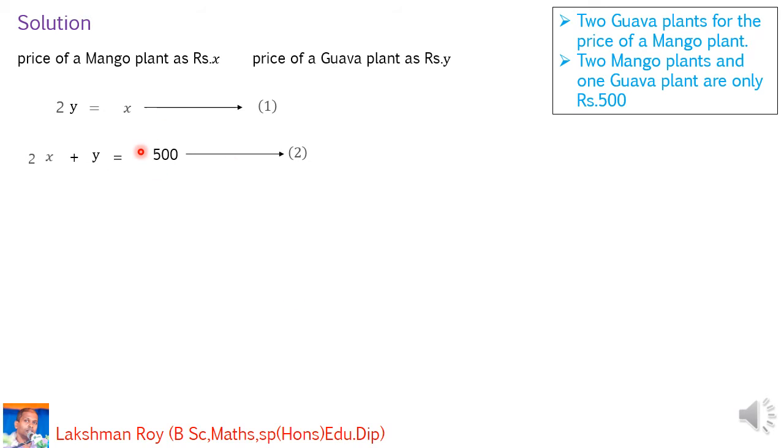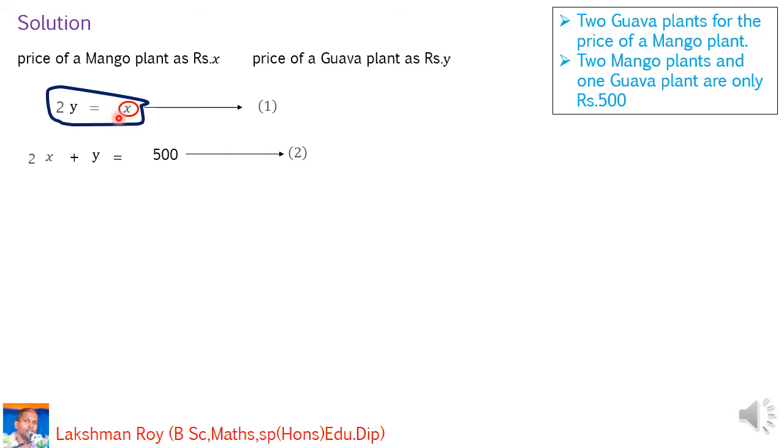Now Roman number 2 says you have to solve, right? So we got a pair of simultaneous equations. Let's see. In this type of equation, here you can see 2y equals x, right? There is a special case in this equation: here x is the subject of this equation.